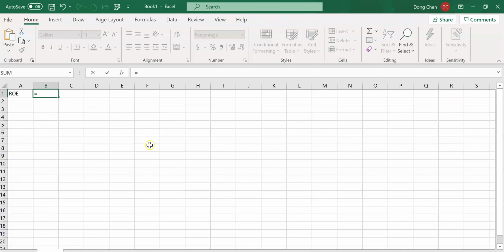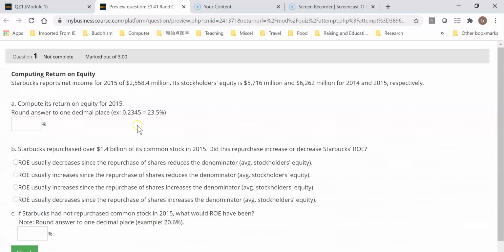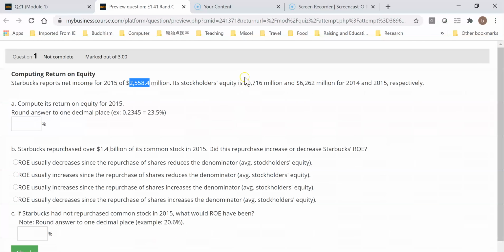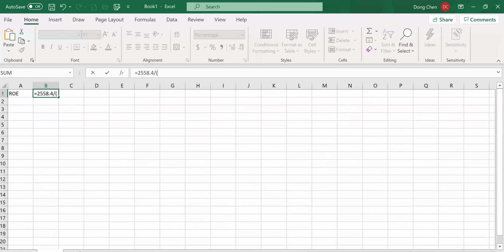ROE is, if I simply copy the number here, net income, but I need to get rid of the comma because Excel doesn't recognize this. And the average level of the stockholders' equity over the 2 years.